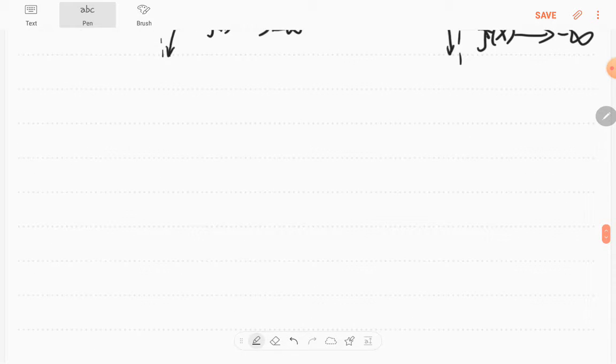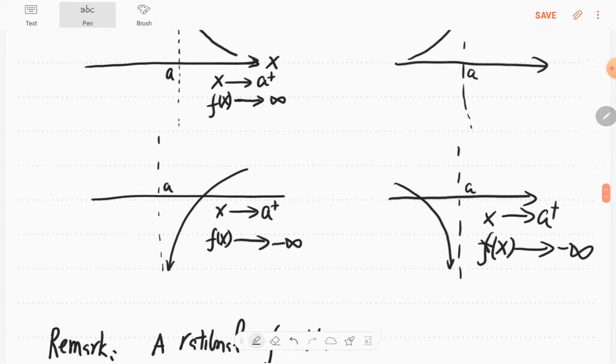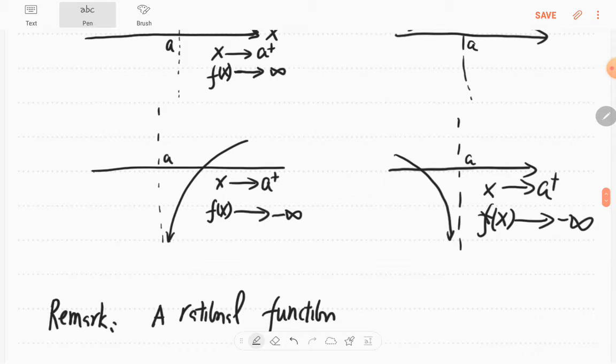So here is a remark for the vertical asymptote: how to find the vertical asymptote? We say a rational function. From this graph, we notice that when x approaches a, it will approach infinity.